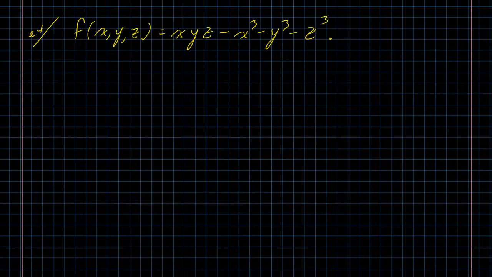Let's take a look at this function. You've already found the partial derivative with respect to x, with respect to y, and with respect to z of this thing. Now I want you to go on and find the second partial derivatives.